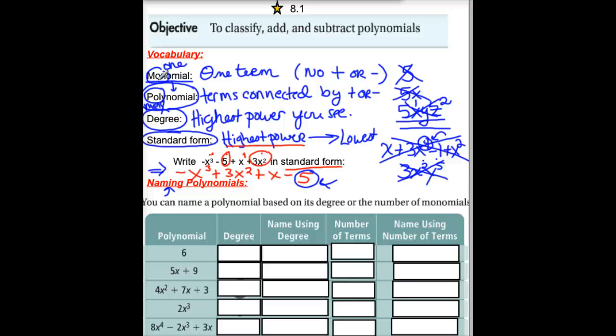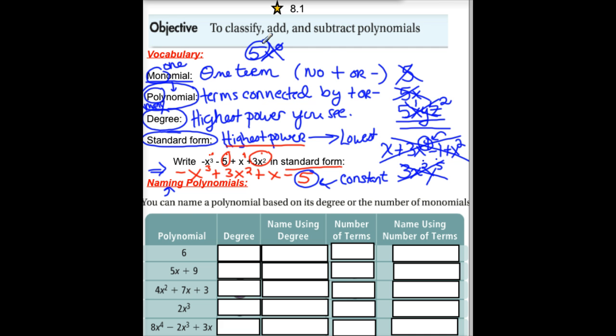No matter what I do with that x, everybody will be tacking on a minus 5. It will remain constant and not change. It doesn't matter what x is, we all are going to be subtracting 5 at the end. So when we don't see that variable on there, technically I guess it's there, it's just to the 0 power, and anything to the 0 power is 1. So we call that a constant.